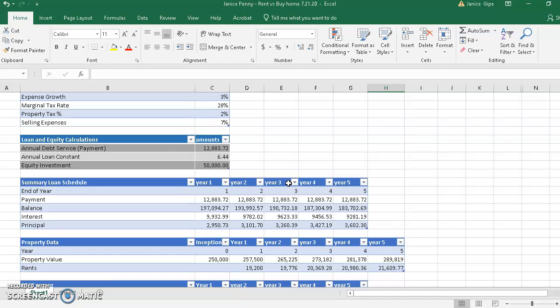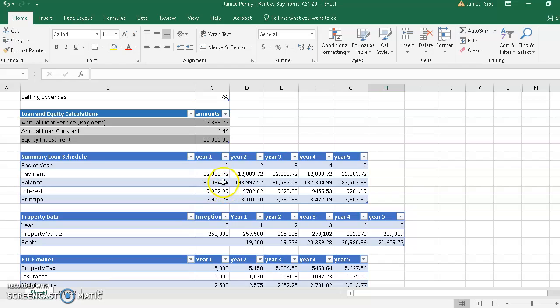Then this is the summary of the loan schedule. So at the end of year one, you've made a total of $12,883.72, which is right here as well, and you made that each year.